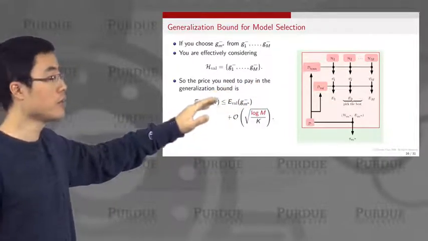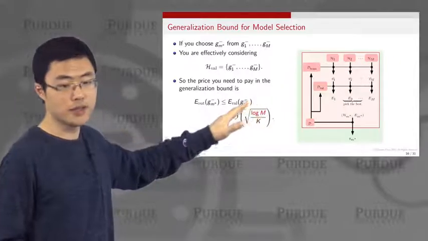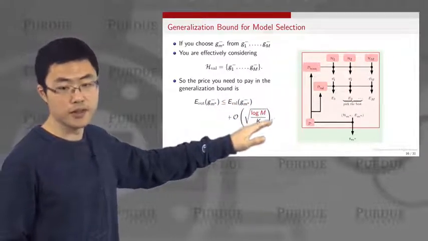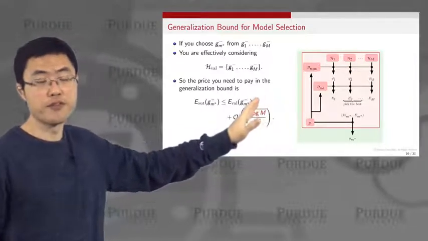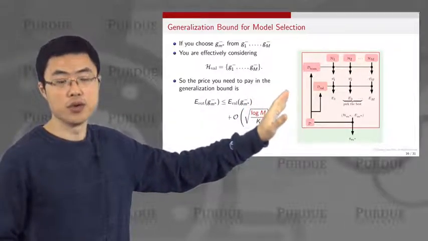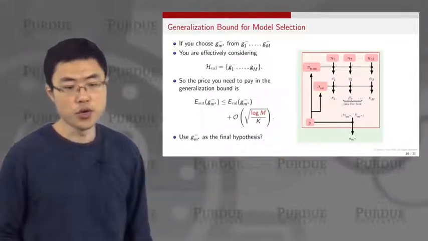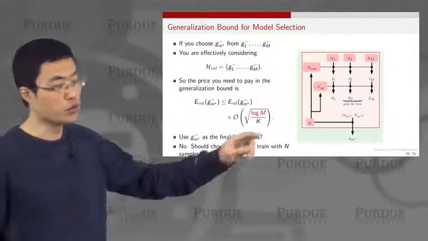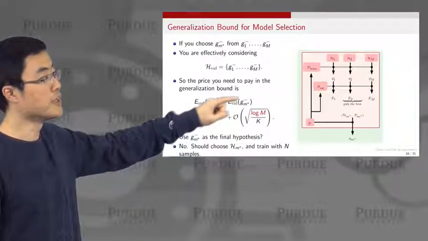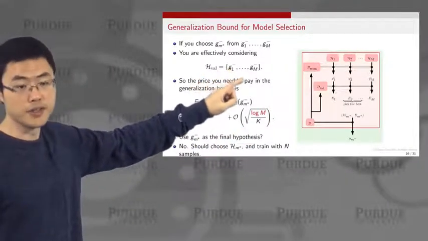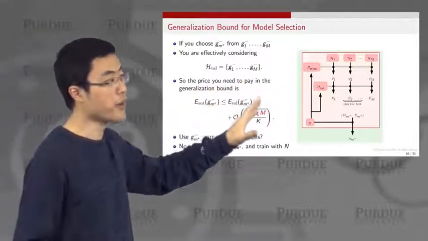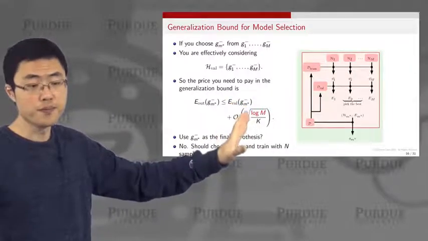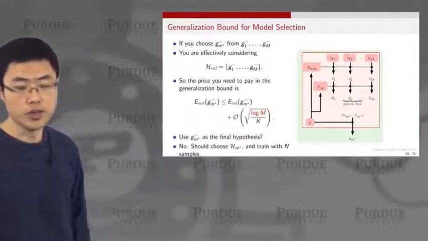And so the price you need to pay when you calculate the generalization bound is that you need to take into account this log M factor, where M is the number of hypothesis sets that you are considering. So can we use the GM star as the final hypothesis? No, you actually want to choose the M star out of these M hypotheses. And so the ultimate generalization bound of the model selection problem using validation has this log M factor go into the equation.